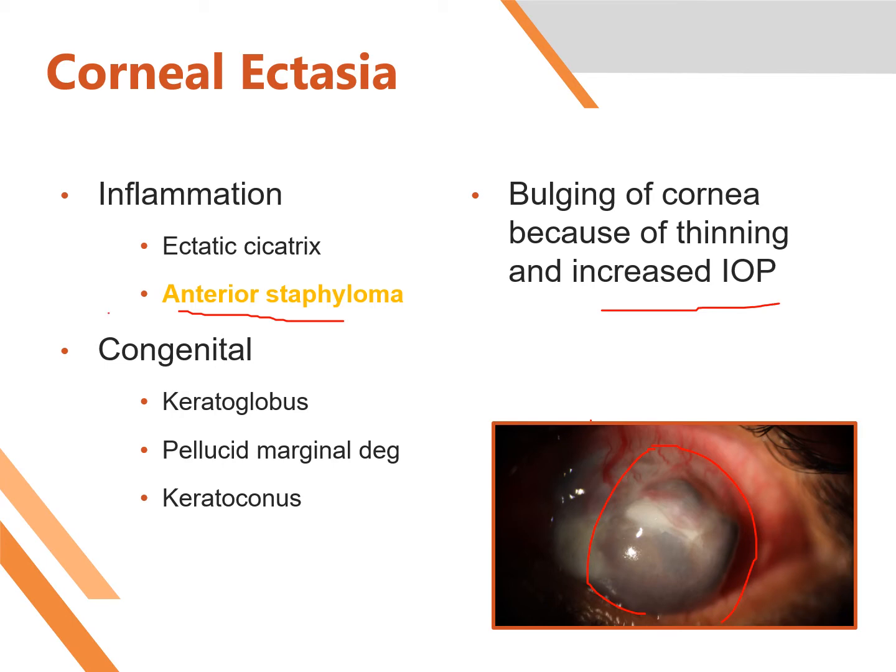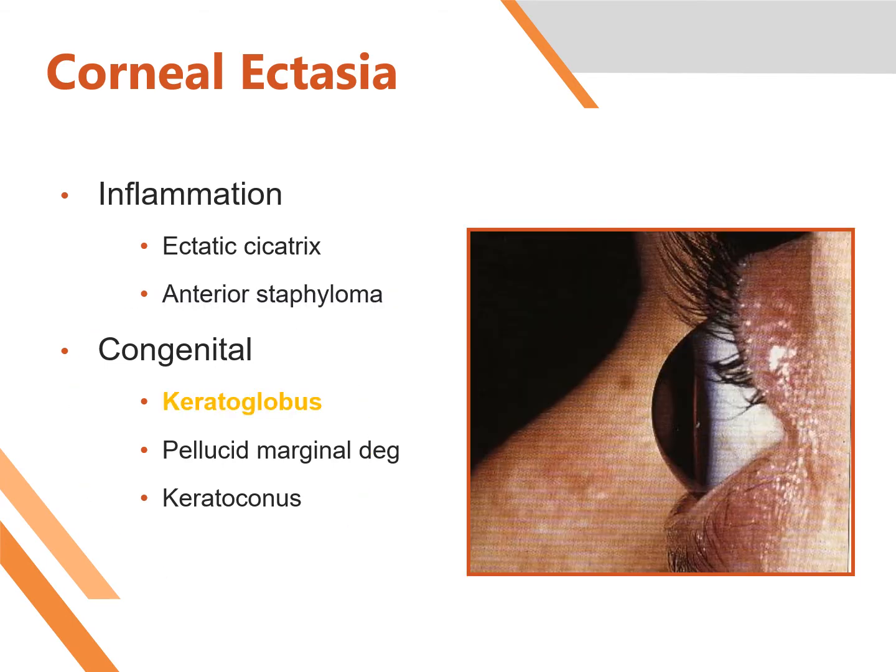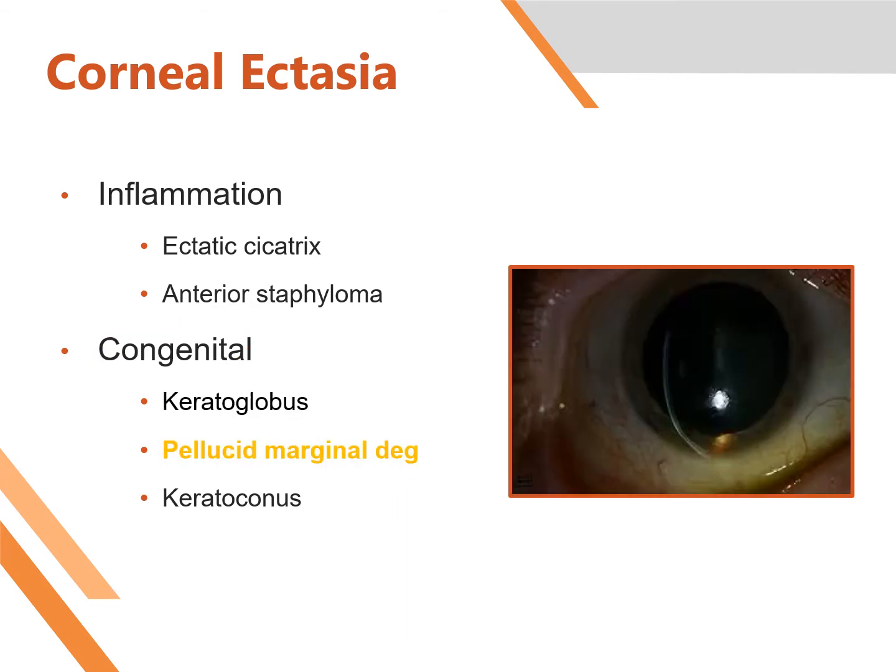Then comes the main topic, which is congenital ectasias. One of the congenital ectasias is keratoglobus, in which the cornea bulges as a whole. It's not a very common condition. Another example is pellucid marginal degeneration.